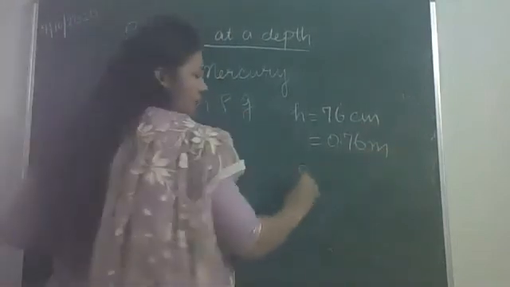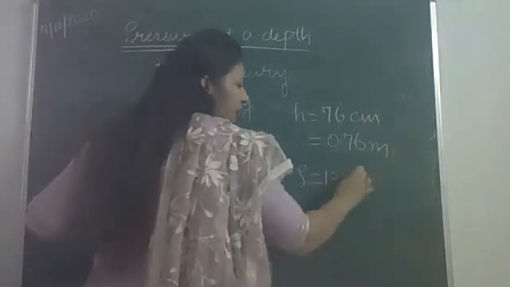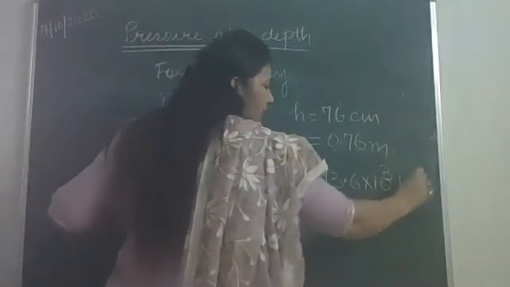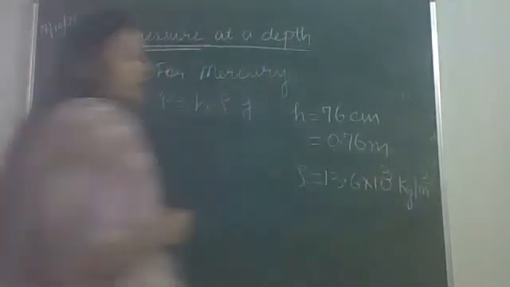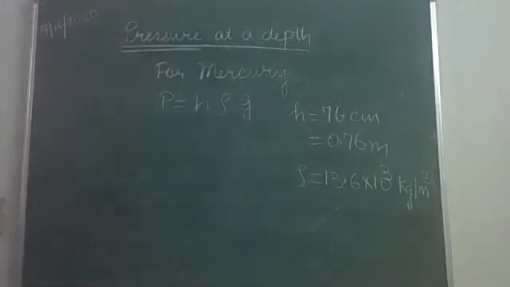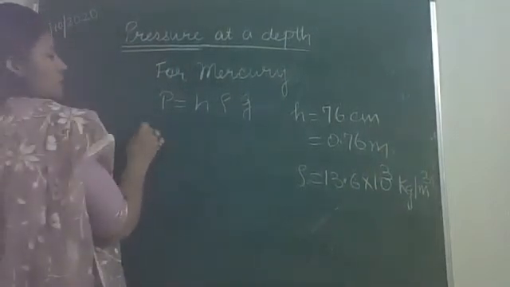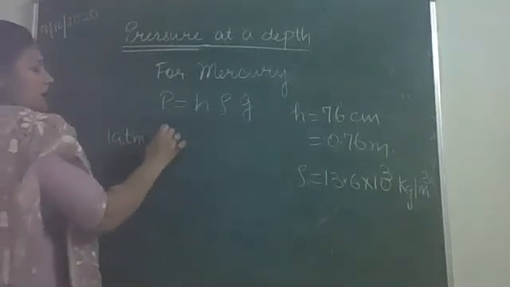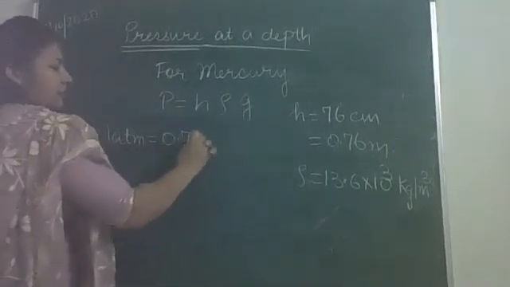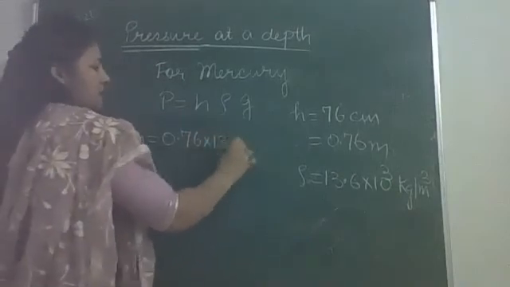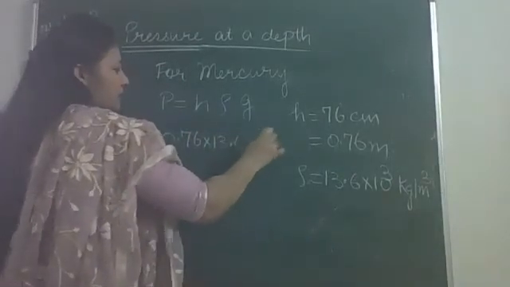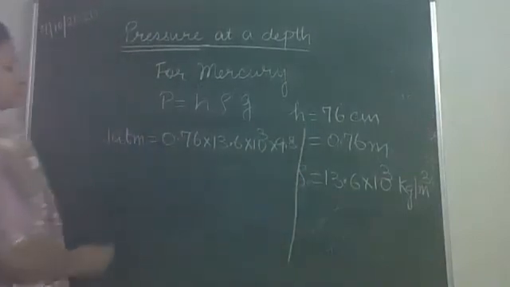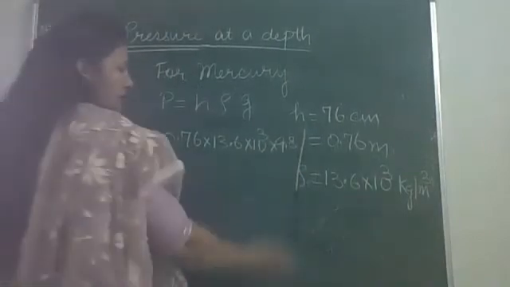Okay, and density of mercury is very large in comparison to water. Water's is only 1000, mercury's is 13.6 into 1000 kg per meter cube. So put in these values and calculate 1 atmospheric pressure. So 0.76, 13.6 into 10 raised to power 3 into 9.8. So solve this.